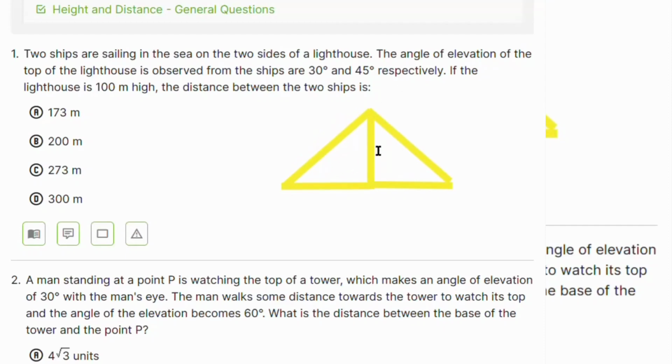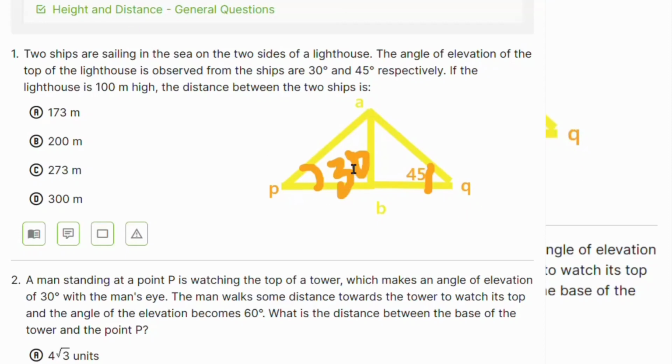So we take this one as A and this one as B, and these are P and Q. It makes an angle of 30 degrees here, and 45 degrees here.